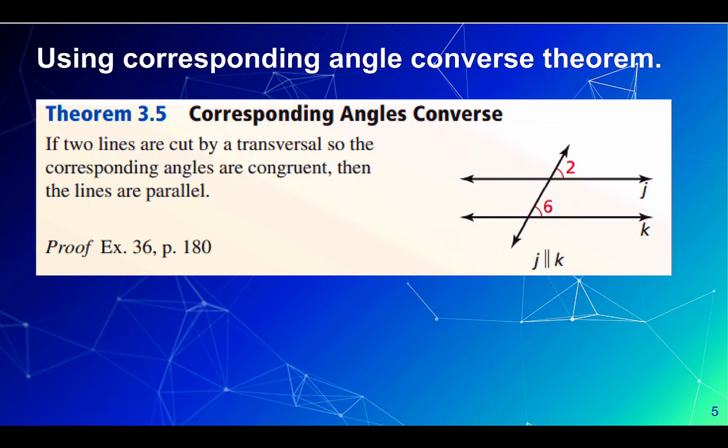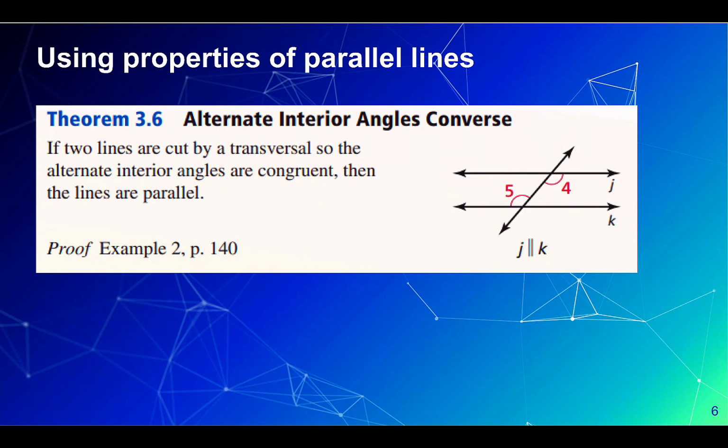So if we're not given this right here, we can say, well, angle 2 is congruent to angle 6. Therefore, J is parallel to K. That's what the converse is going to do. We're going to do the opposite.